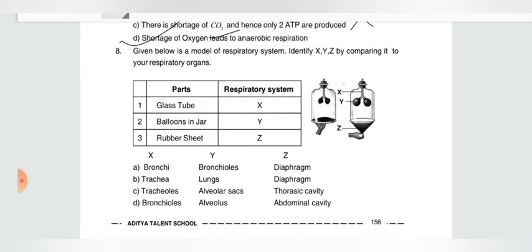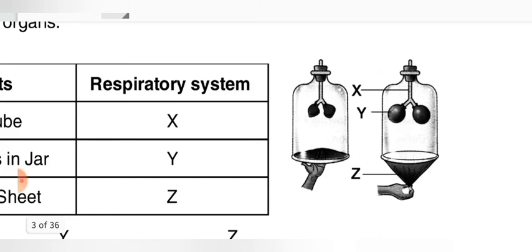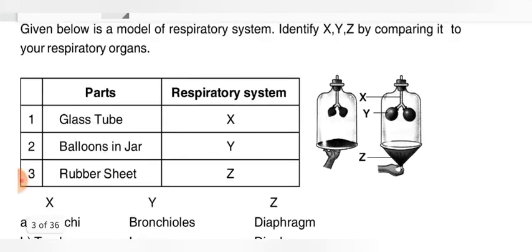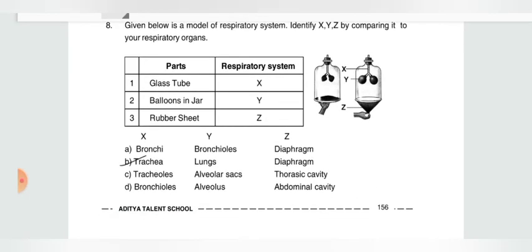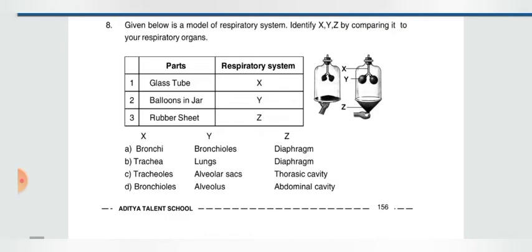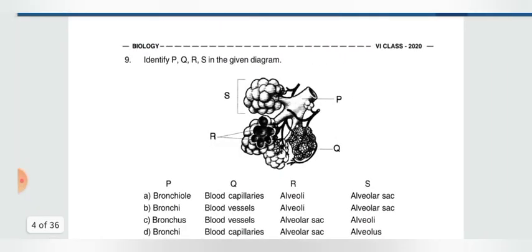Given below is a model of the respiratory system as I showed in the video. Identify X, Y, Z by comparing it to your respiratory organs. So X here is the trachea, Y is the lungs, Z is the diaphragm, which is B. Next, coming to number 9.